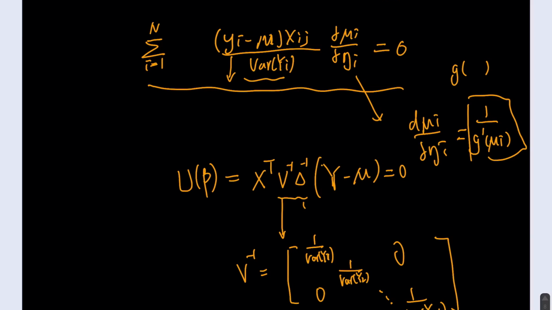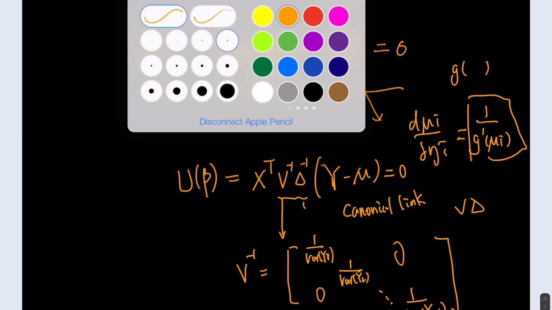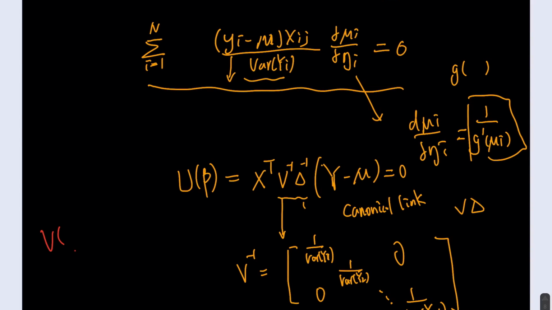It might seem odd at the beginning, but if you know about canonical link, for any link function that's canonical, V and delta cancel out each other. So we can further simplify this u of beta into x transpose (y minus mu) equal to 0.